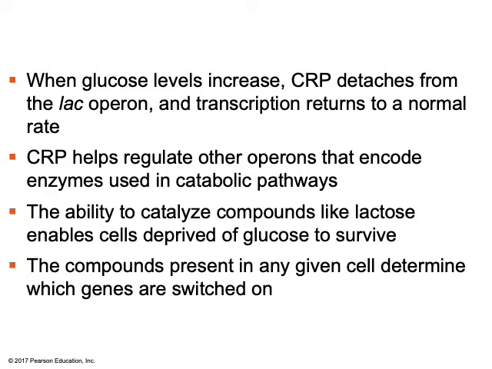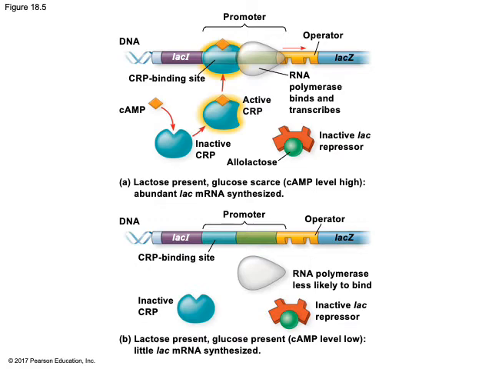And so the presence of cyclic AMP is going to bind to the CRP, that cyclic AMP receptor protein, and that in turn is going to bind to what's known as the CRP binding site, which is just upstream of the promoter. And so what happens here is in the absence of lactose, we are going to have the regulatory protein bound to the operator.